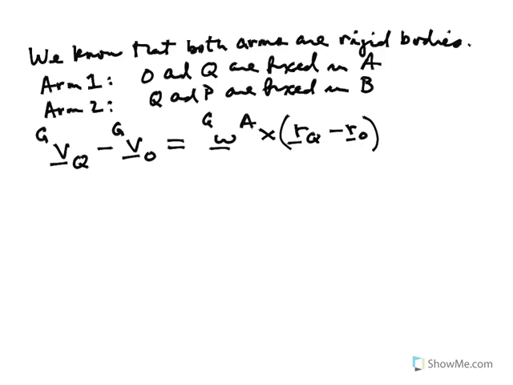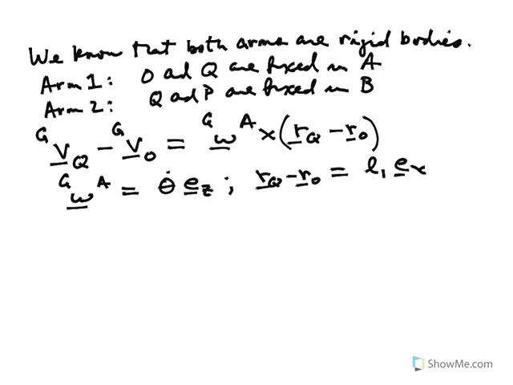But we have a few things here. We know that the angular velocity of A in G is equal to theta dot times little ez. We also know that RQ minus RO, because we're measuring all our distances ultimately from O to be able to get rates of change in the ground, is just going to equal L1 times little ex.